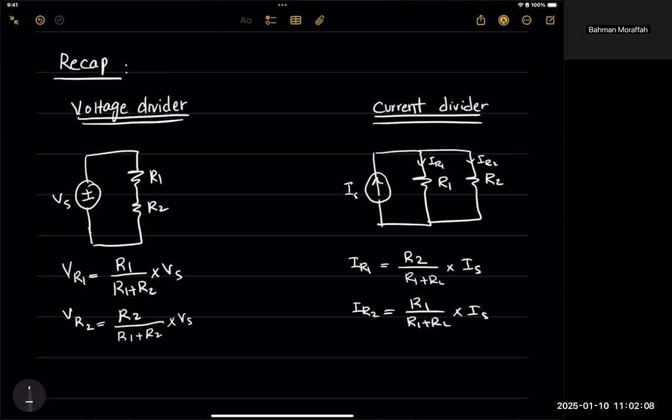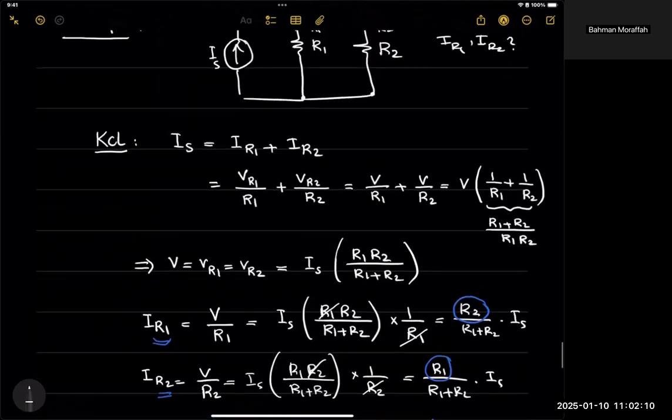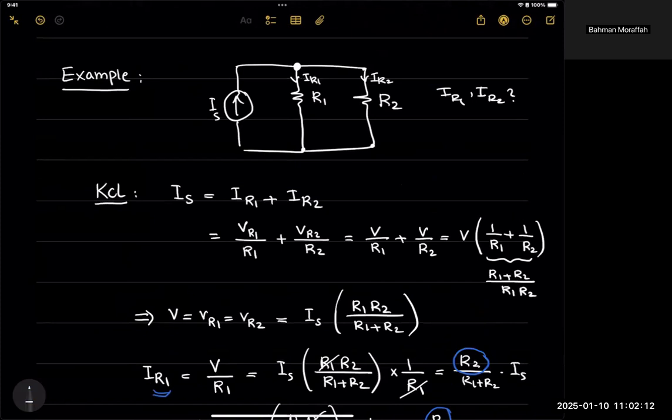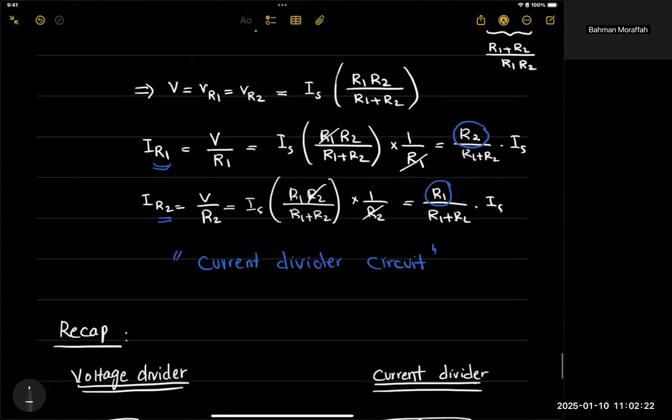If you pay close attention, you can see that when I was deriving this example for the current divider, I did not generalize it the same way I generalized the voltage divider. The reason is that if I generalize this to more resistors, it is going to be more complicated and messy, because we don't know exactly which current is proportional to which resistors.